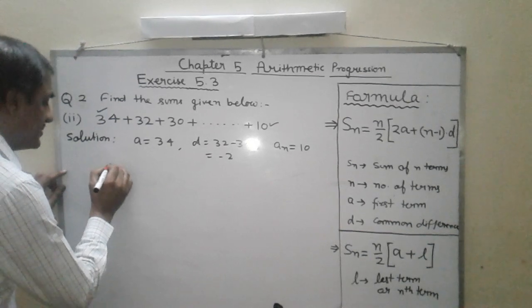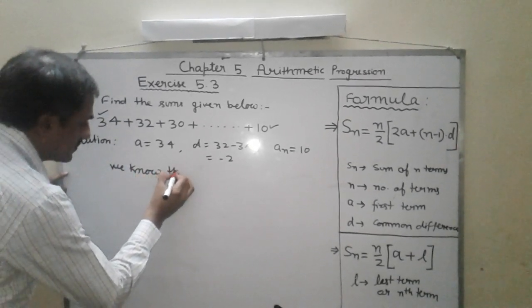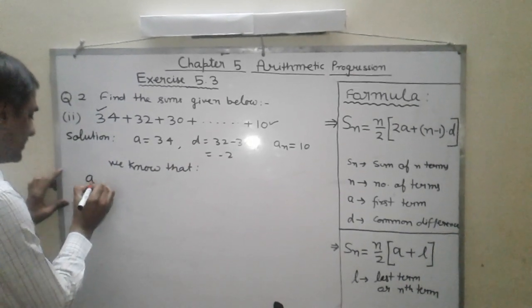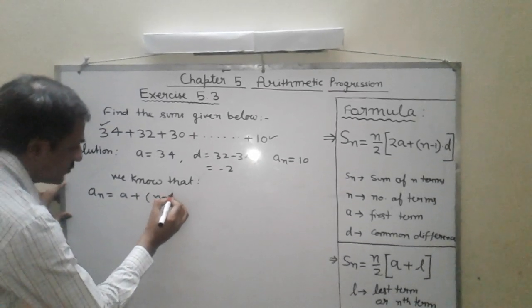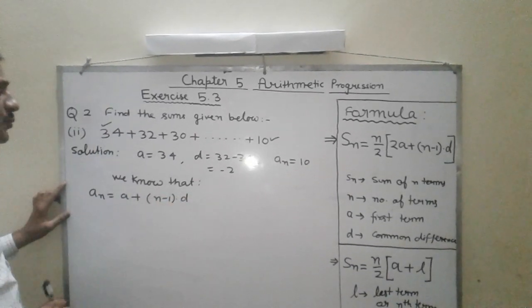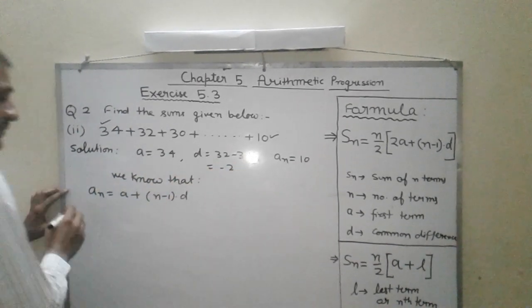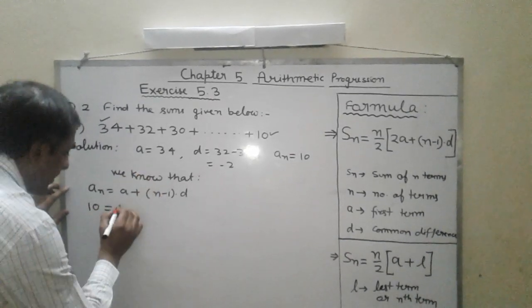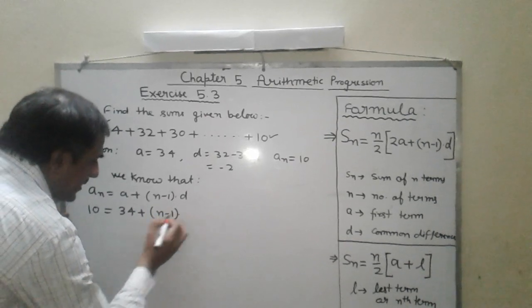Children, we know that an is equal to a plus n minus 1 into d. Now we are going to put the values. The value of an is 10. The value of a is 34. 34 plus n minus 1 into d.